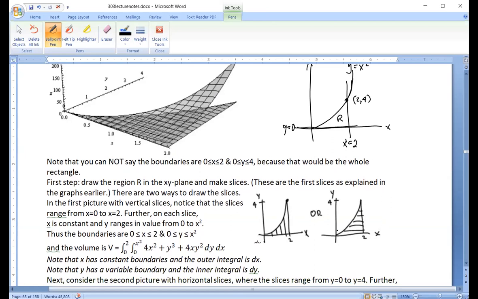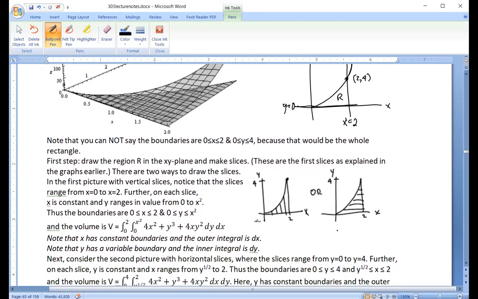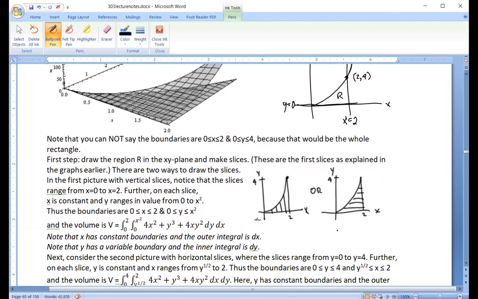Now, alternately, we could have sliced the other way. So what would that look like? Slicing the other way, notice that each slice has a width of delta y, which will become dy, and the slices range from y equals 0 to y equals 4. Those are the boundaries for y. Next, on each slice, what is the possible range of x values?